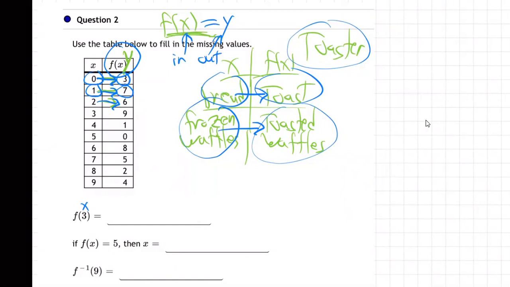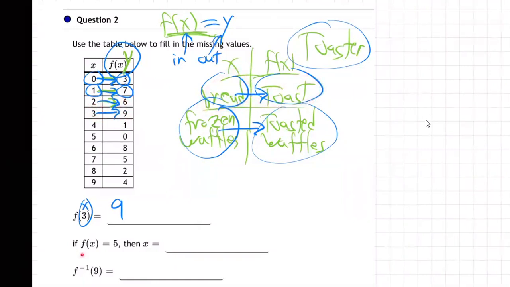And then for an inverse function, that's reversed. Okay, so if they put in 3, well, that 3 leads to 9, doesn't it? From the table. This table is telling us how this function works. You give it a 3, it's going to come out a 9. It turns a 3 into a 9, like a toaster turns bread into toast.